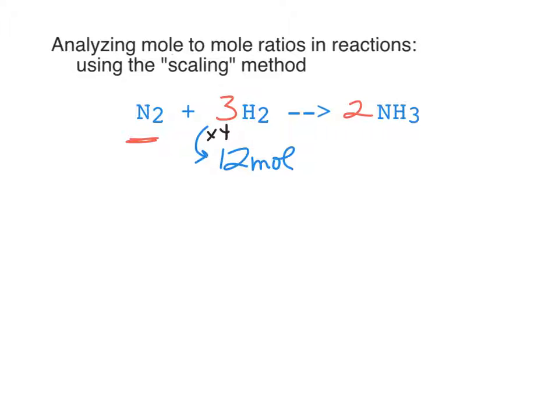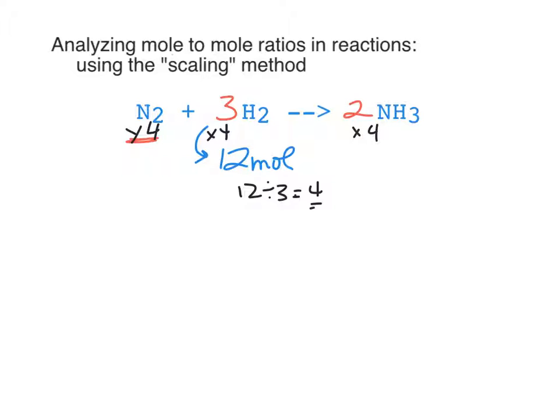What I really did was this: 12 divided by 3 equals 4. That's how I figured out what my multiplying factor was. I took the number that I was given and divided it by the number that was in the ratio to figure out what my scale factor was, times 4. So that's what I'm going to do to all my other ones at this point. It's the same idea. So what would I get?